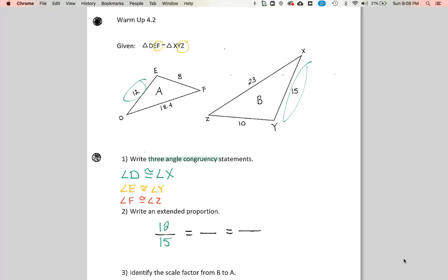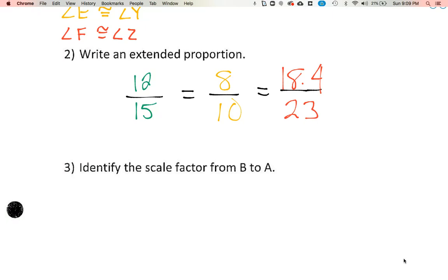EF goes with YZ. So 8 and 10. And then FD goes with ZX. So there's our extended proportion.